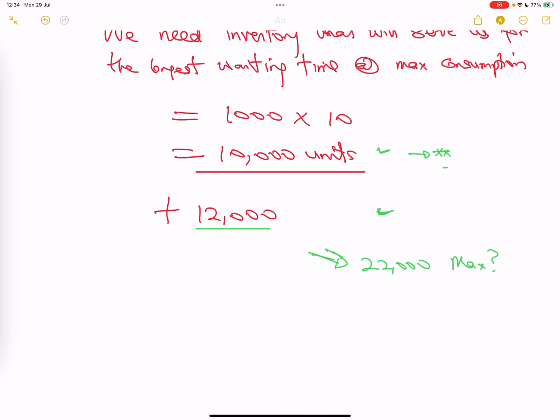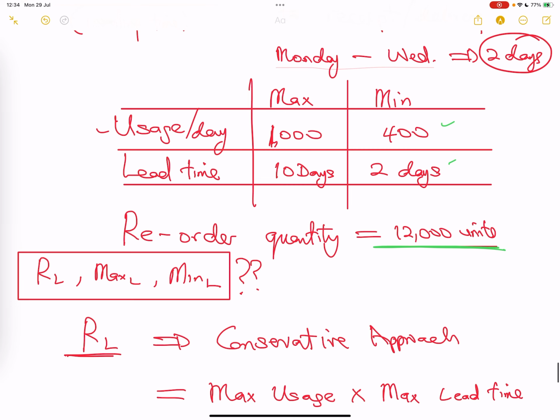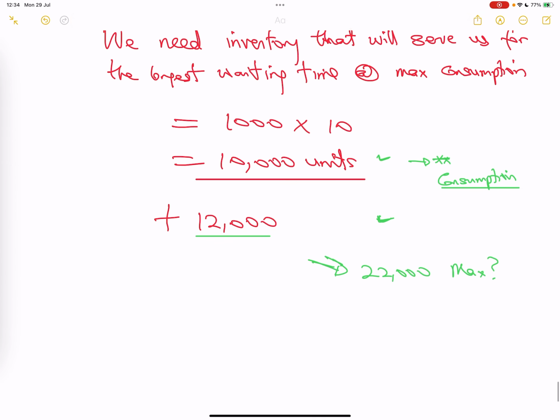Consumption starts. You will still be consuming, even if you are consuming at the lowest amount possible, which is 400, and if lead time is 2 days, you still consume something. And that's why you can never add your reorder level plus your reorder quantity and say that is your maximum level. No, please take note.